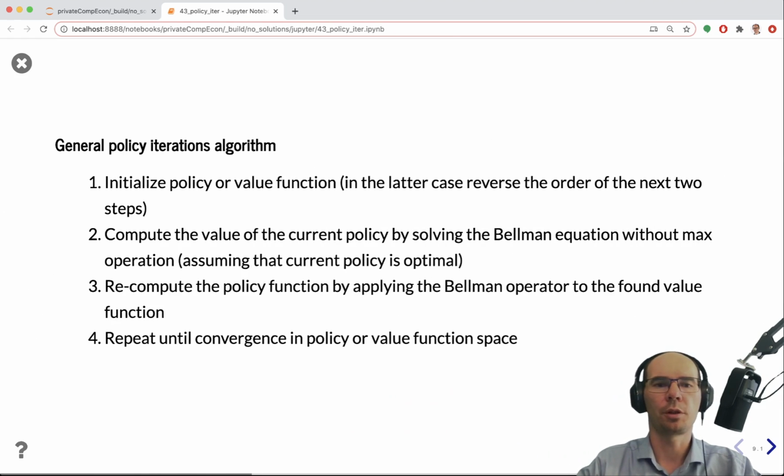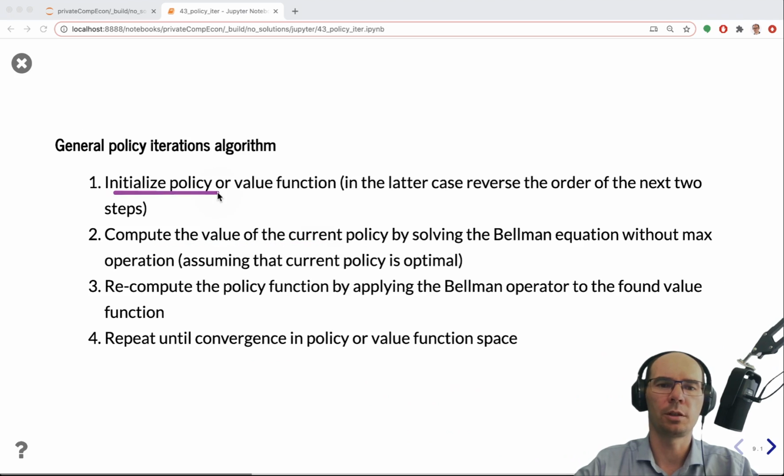But the general algorithm is quite straightforward. We initialize a policy function or a value function, but it doesn't really matter. And then do these two steps, one after another. So we compute the value of the current policy.